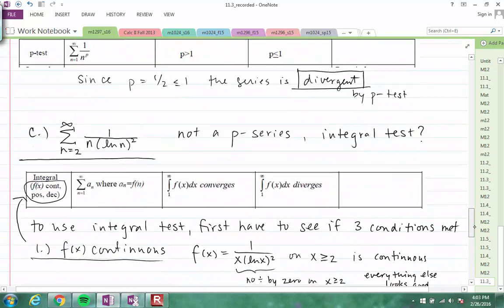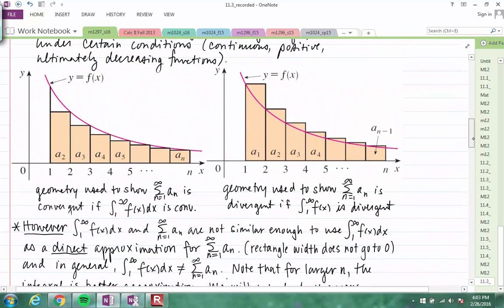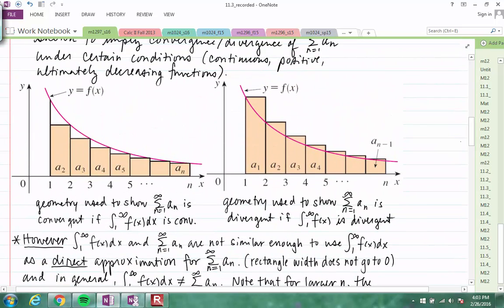Going back to that picture, you could use this integral, which would be the area under the red curve, as an estimation for what we have with the tan bars, but you can see it's kind of an off representation.